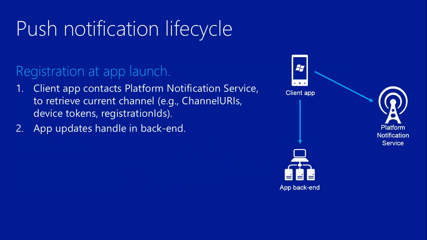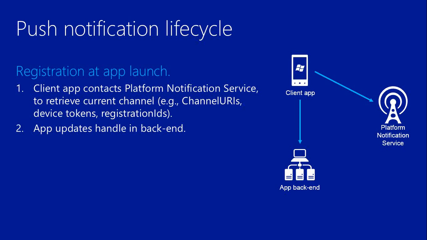So let's see the push notification cycle. On registration or at the app launch, the client app, which in the diagram you can see is a phone, contacts the platform notification service to retrieve a current channel or a current handle. In Windows, it's called a channel URI.